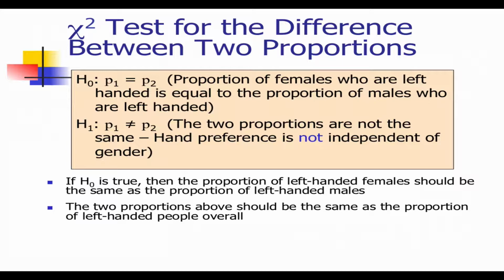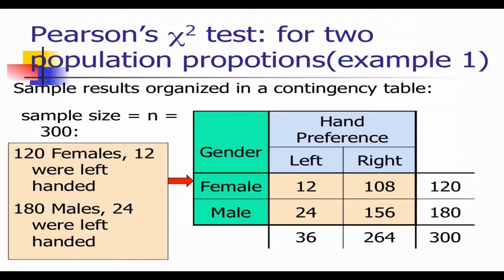So in this example, we are looking at gender, the first variable, which is on the row, and hand preference, the second variable, on the column.